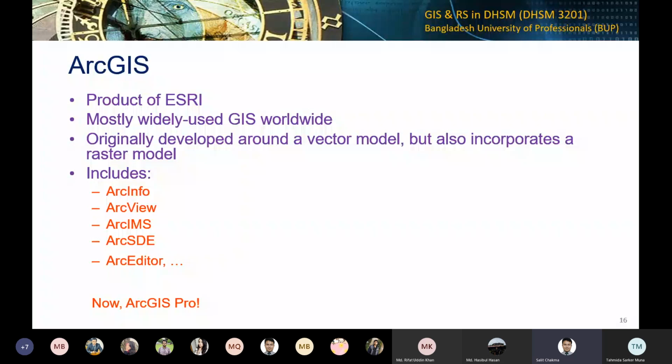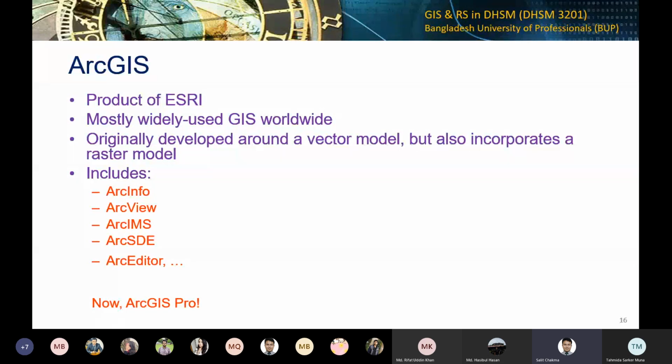The US government uses ArcGIS software. If you go to the different department offices, or to USGS, you will find they are using ArcGIS. Same is for Bangladesh. If you go to different agencies, departments, they are using ArcGIS. So we will focus on this, then we also touch on the QGIS part.